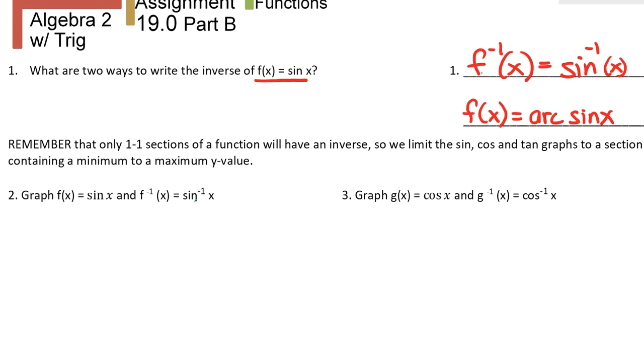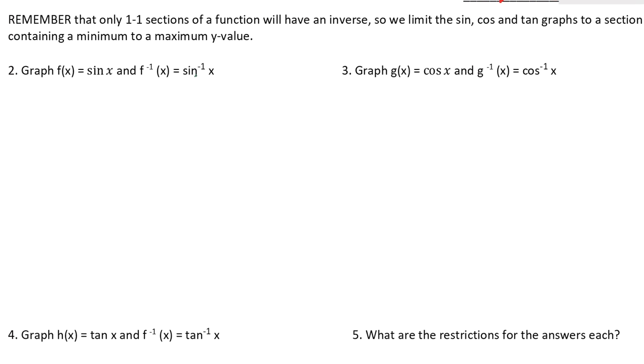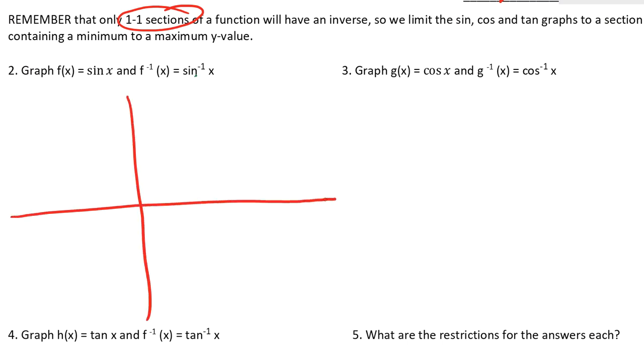All right, so what does the graph of inverse sine or arc sine look like? Well, we learned in our review of inverses that to be invertible, a function has to be 1 to 1. So if I graph a sine wave, you can see that it fails the horizontal line test. Yes, it's a function, so it passes the vertical line test, but not the horizontal line test.